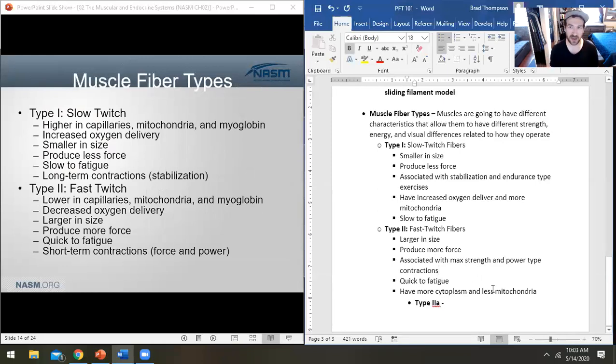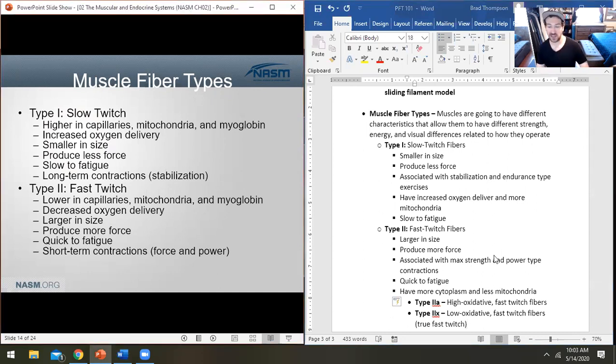So your type 2A are going to be your high oxidative fast twitch fibers, and your type 2X is going to be your low oxidative fast twitch fibers. That is the true fast twitch, right? That is the true super explosive fast twitch.